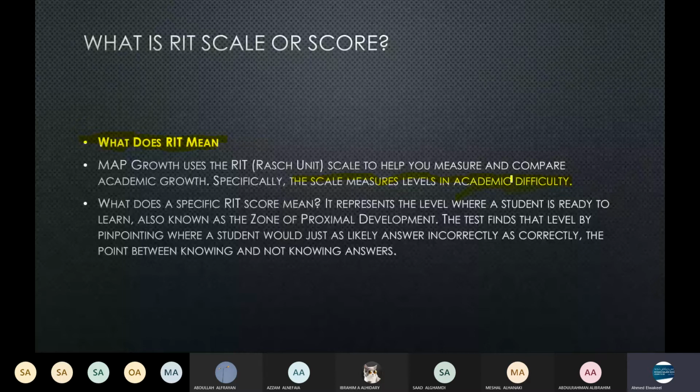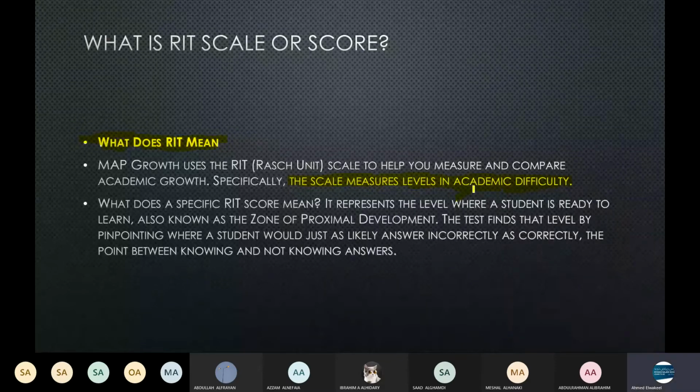Meaning that if you have any problem in your academic level, the RIT scale measures those difficulties so that we can fix them as soon as possible. So the scale measures levels in academic difficulty.